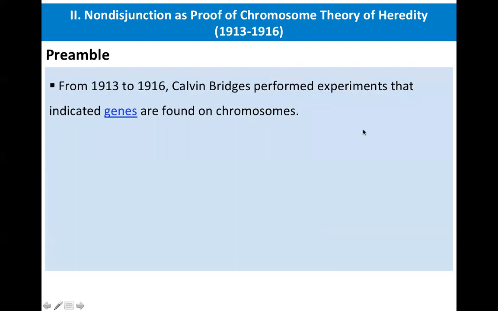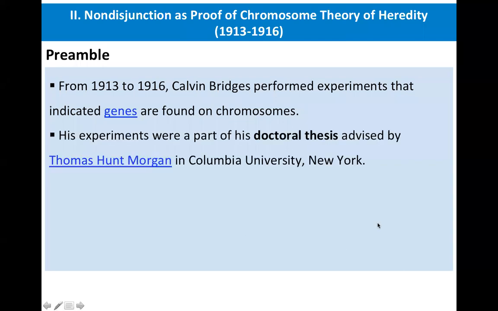This is the second theory, proposed by C.B. Bridges, Calvin Blackman Bridges. His theory's name is non-disjunction as proof of the chromosome theory of heredity. From 1913 to 16, C.B. Bridges performed his experiments to show that genes are located on chromosomes.